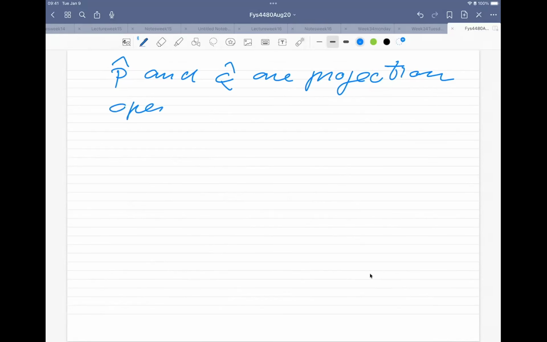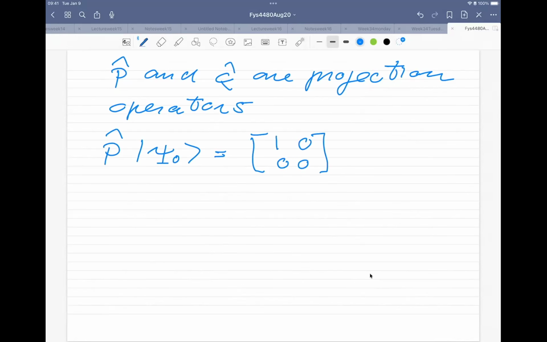And you will see immediately that if we act on the state, suppose we take this state psi 0, and I act with P on psi 0, which we defined earlier. If I just write the algebra, it's (1, 0, 0) multiplied with this complex variable alpha times (1, 0), plus beta times (0, 1).